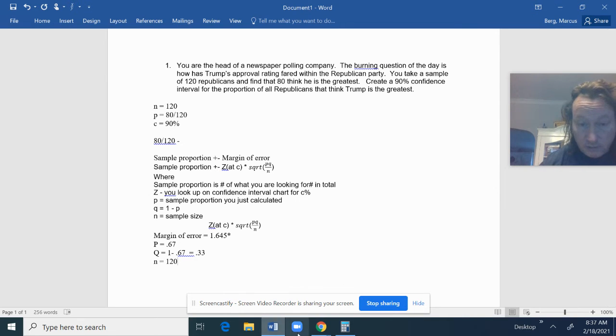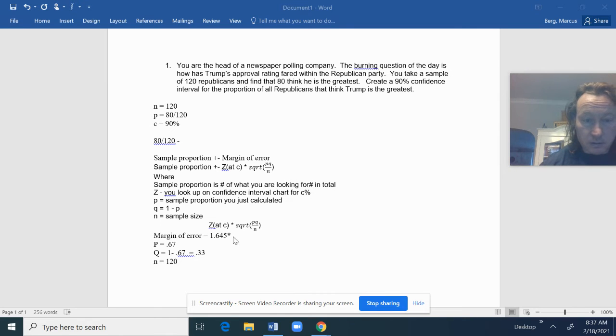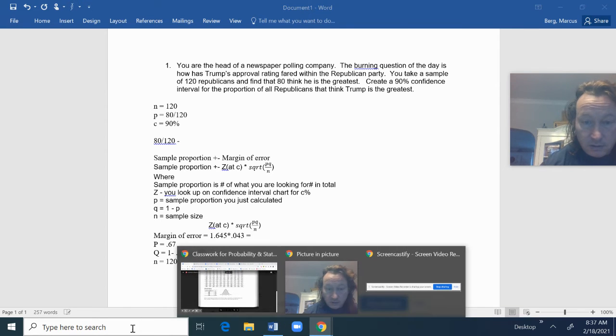And then we take the square root of that, divided by 120. And I need to take the square root of that. 0.043. We'll call that. So this will be times 0.043, which would equal 1.645 times 0.043.